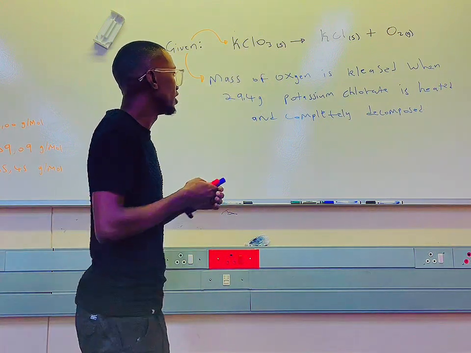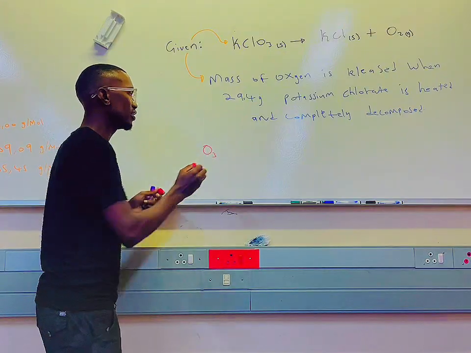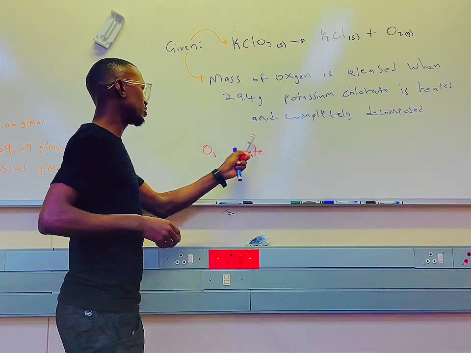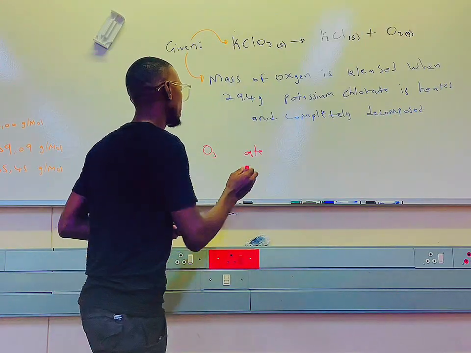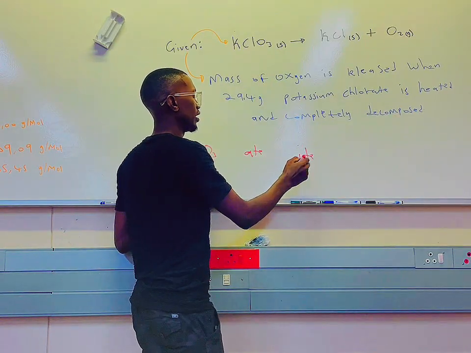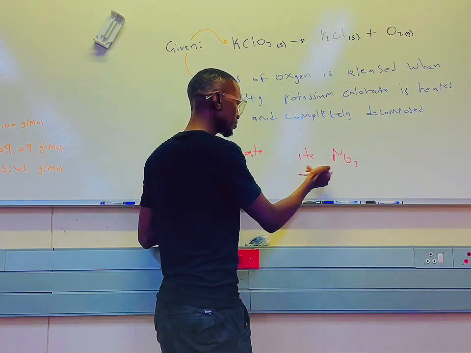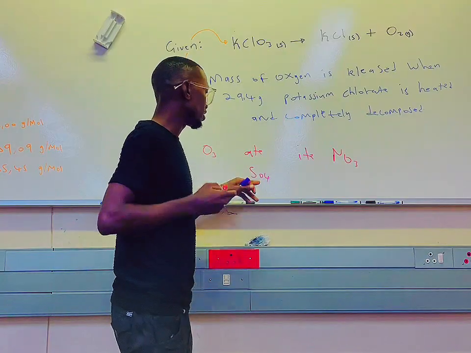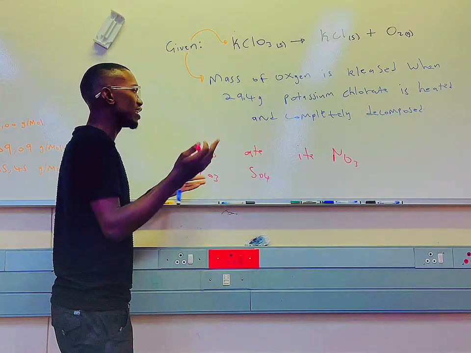Remember, whenever you see the O3 ending, the name of the oxygen-containing ion usually ends in -ate. Whenever you have NO3, that is nitrate. Whenever you have SO4, it is called sulfate. Whenever you have CO3, it is carbonate.